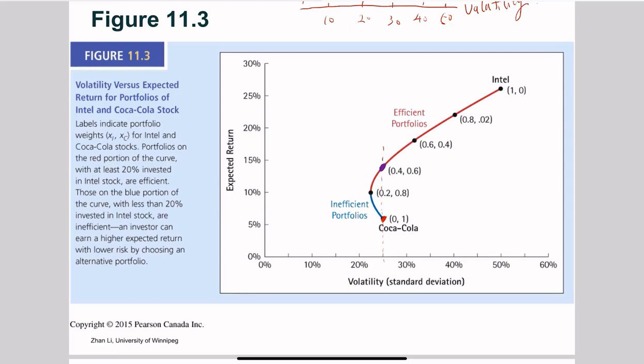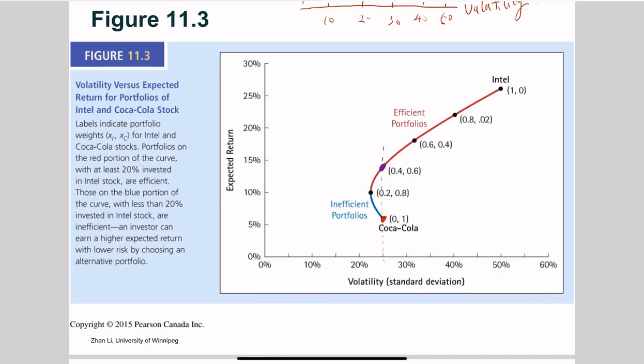Now, this basically tells you that the portfolio on the top is better than the portfolio on the bottom, right? Because again, they have the same volatility, but the top portfolio has higher return. So in this case, we could say that this bottom portfolio is inefficient, right?